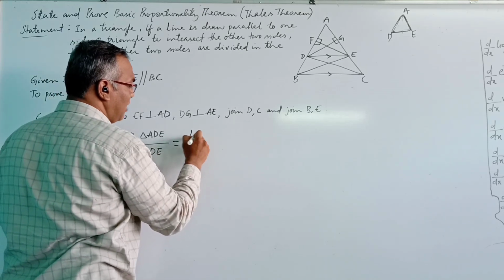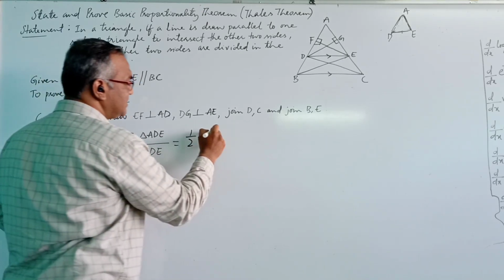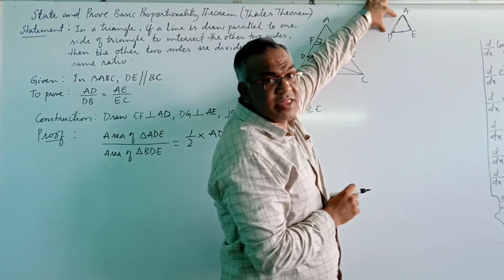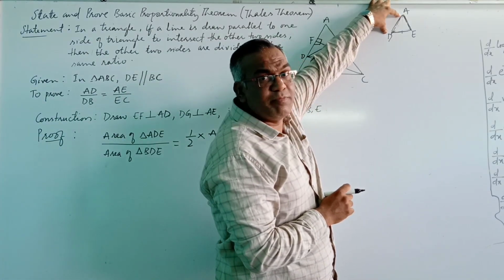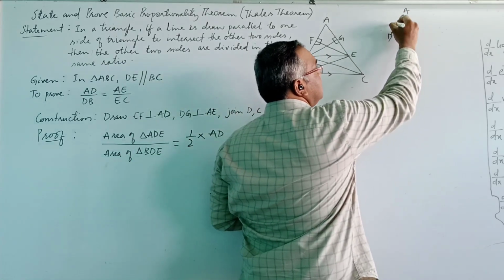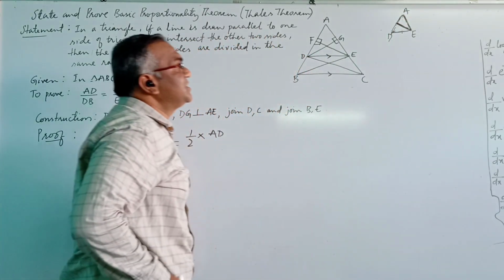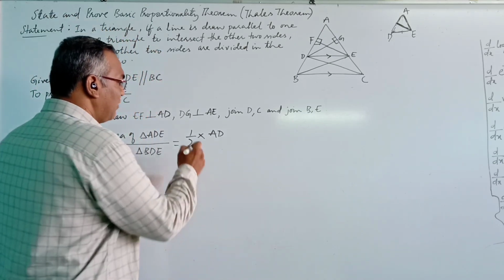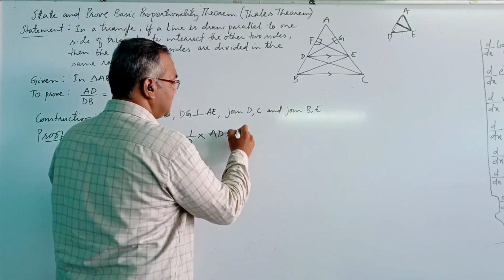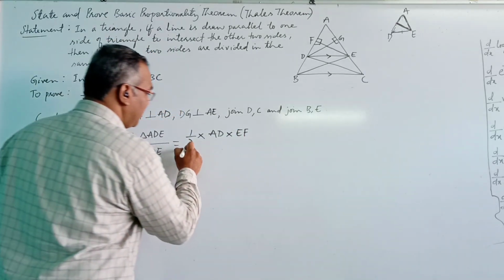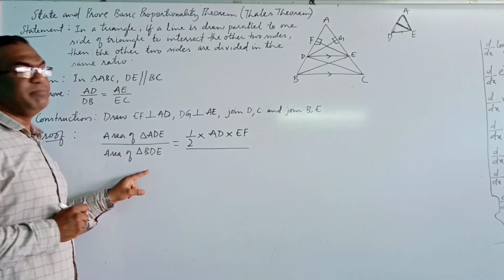Area of triangle is half into base AD. We are considering AD as base. If AD is base, then this will be the height. It means EF will be the height. Half into base into height, EF is height. Then divided by the area of triangle BDE.